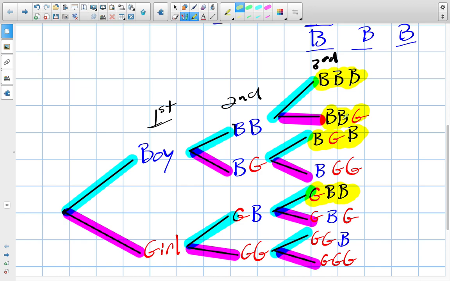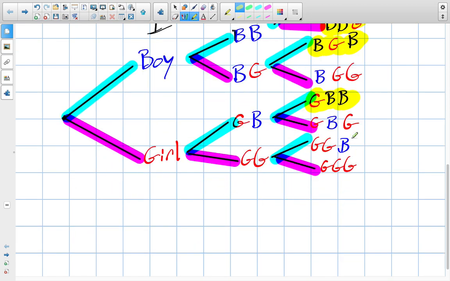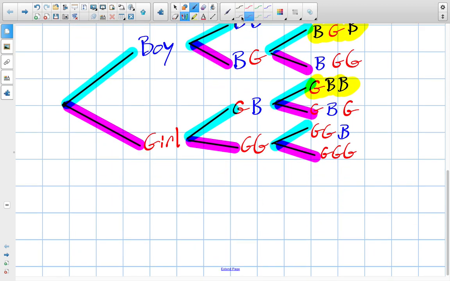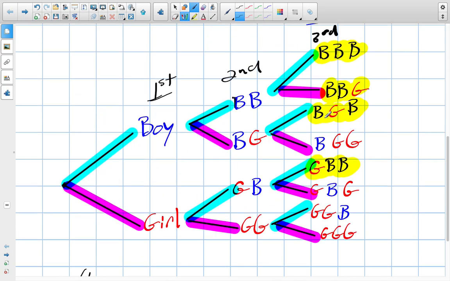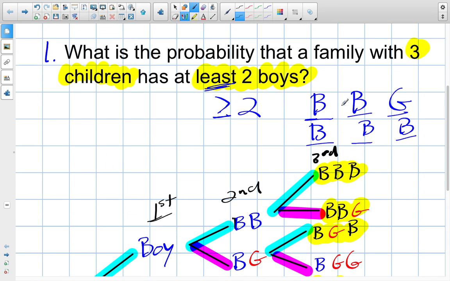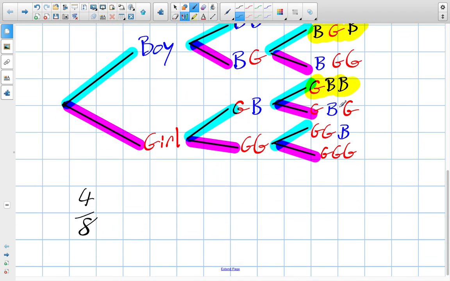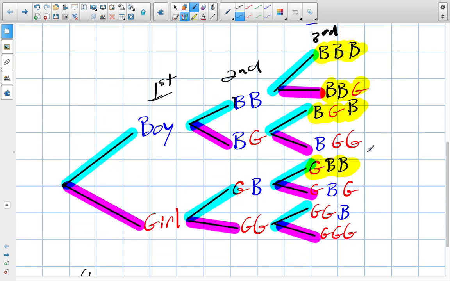You have 1, 2, 3, 4 of the possibilities out of the 8 total that are at least 2 boys. So half of your possibilities are at least 2 boys in this case. You could have done the same thing with girls. If we said at least 2 girls, it would have been the other options, 1, 2, 3, and 4.